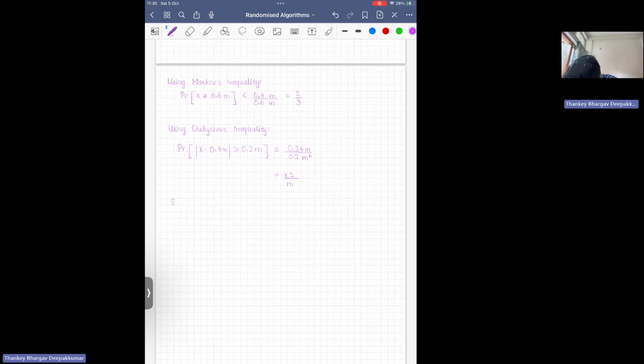So if m is such that the probability is less than or equal to some constant over root 10 log n. So using Chebyshev's inequality, we see that we can upper bound the failure probability to be an inverse polynomial. But using Chernoff's inequality, we'll see that you can make this inverse exponential.